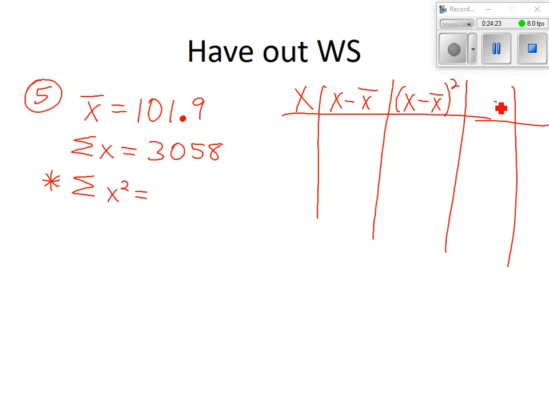This time X squared is 339,192. So it's that total just squared. When we get to this, it's all the X squared: you just take each one and you square it, and then you add them all up. That's the answer it would be.